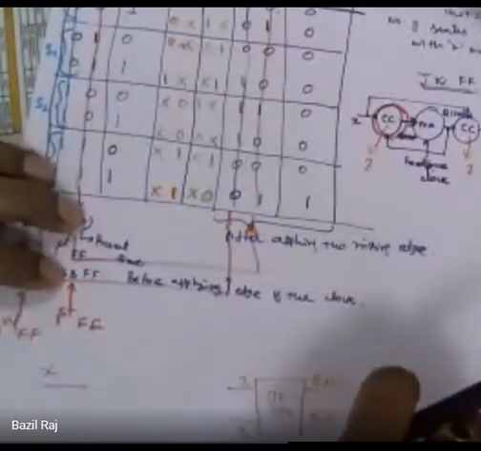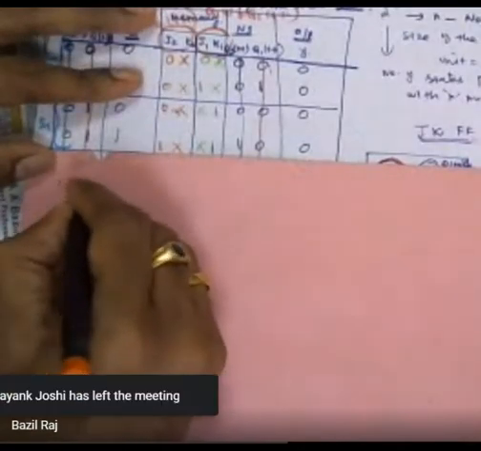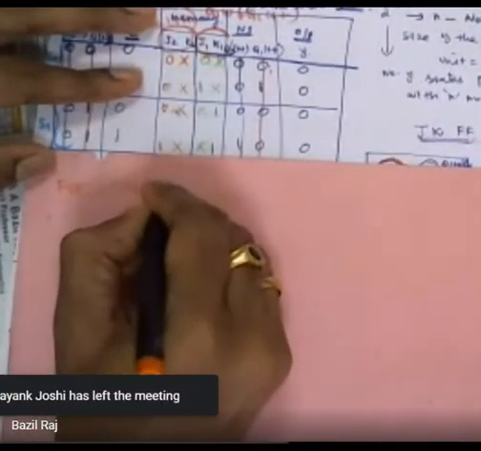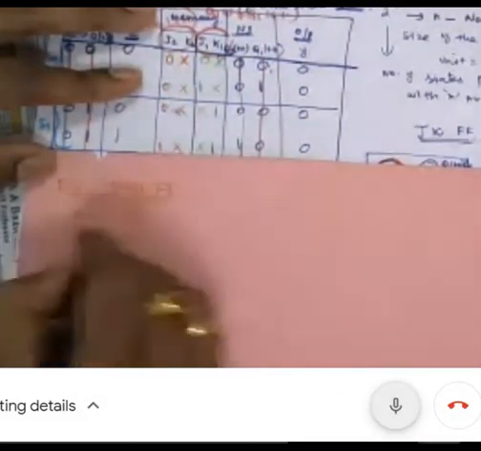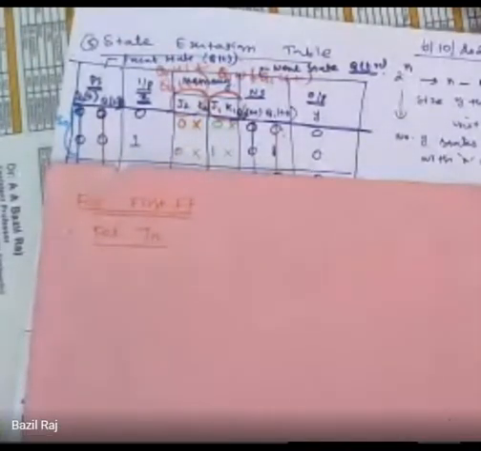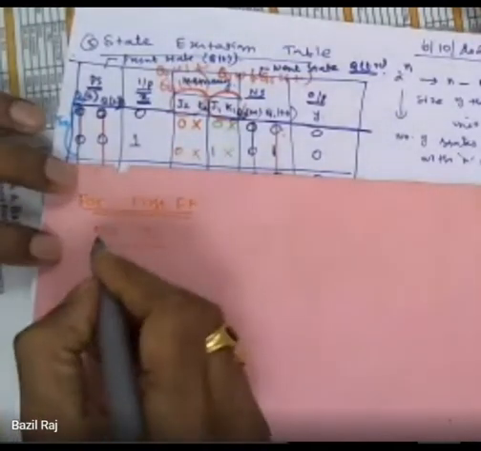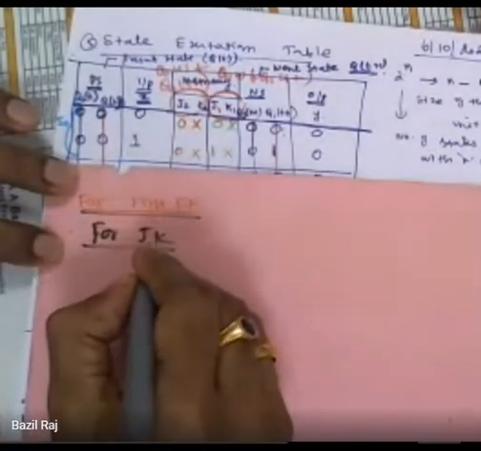So to find this, for the first flip-flop, J1.